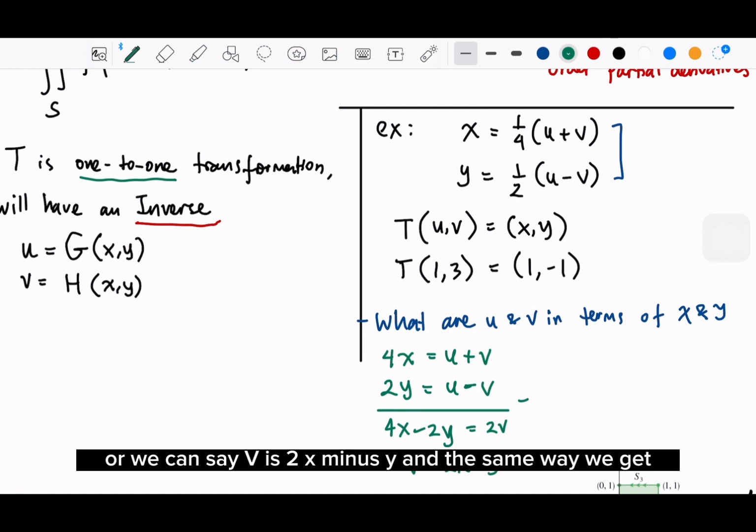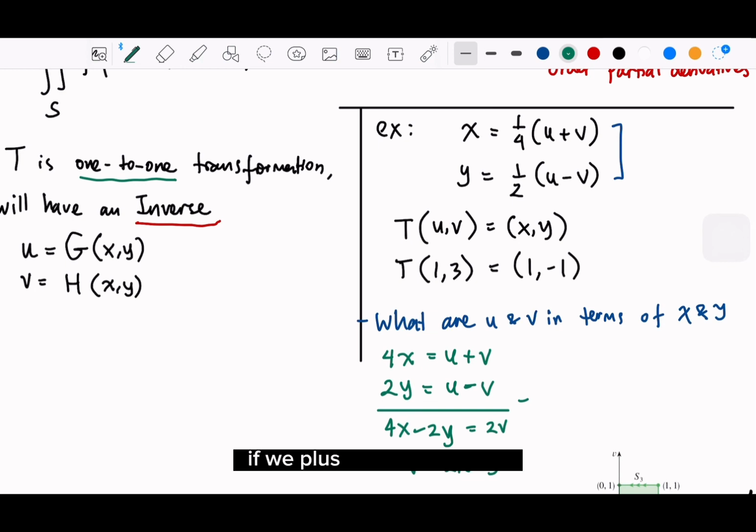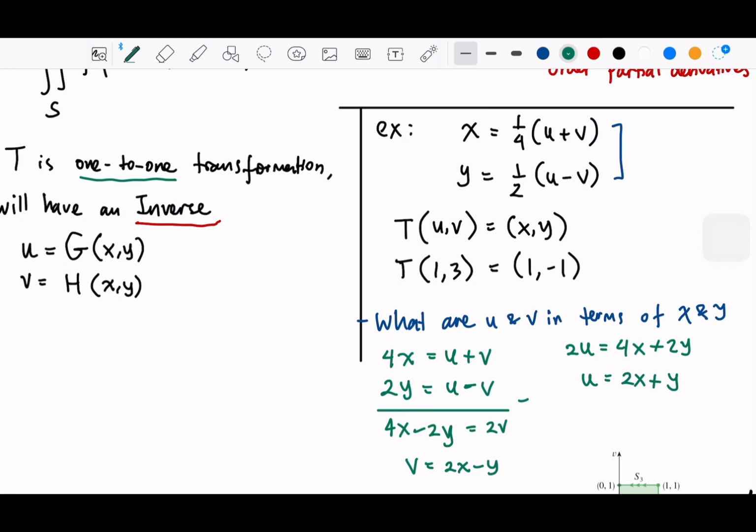And the same way we get, if we add, then we get 2u is 4x plus 2y, or u is 2x plus y.